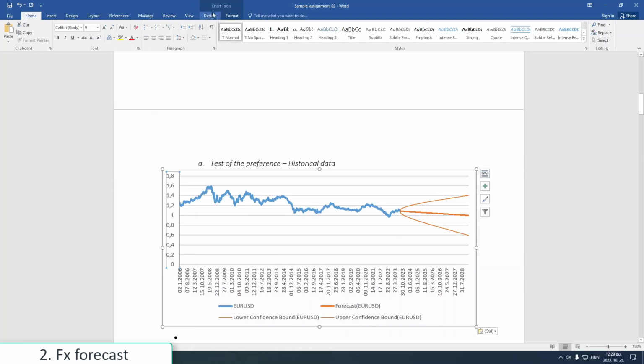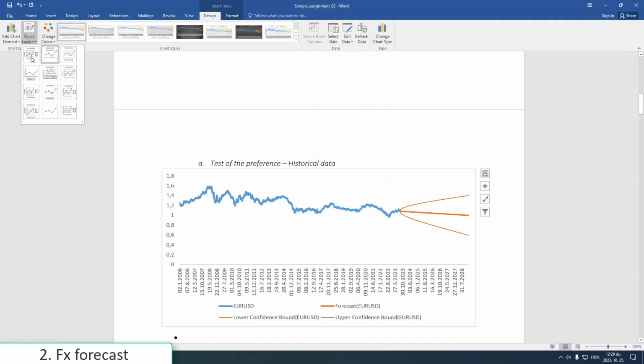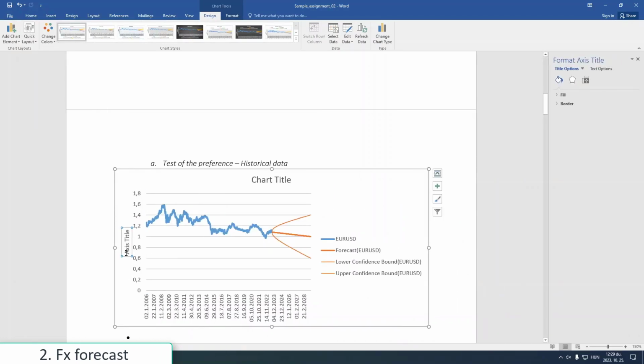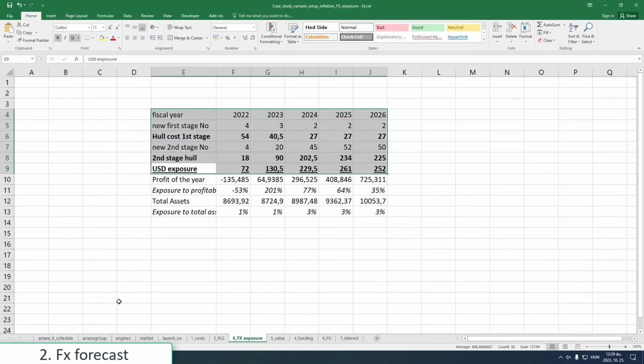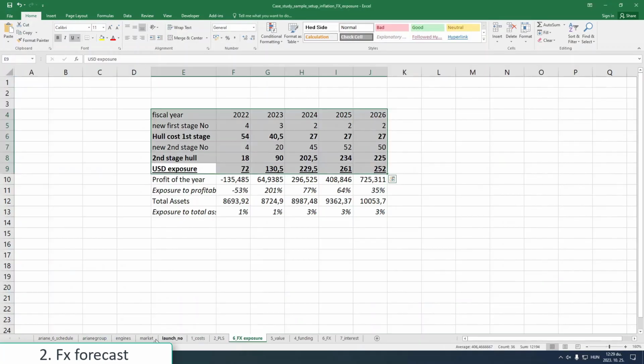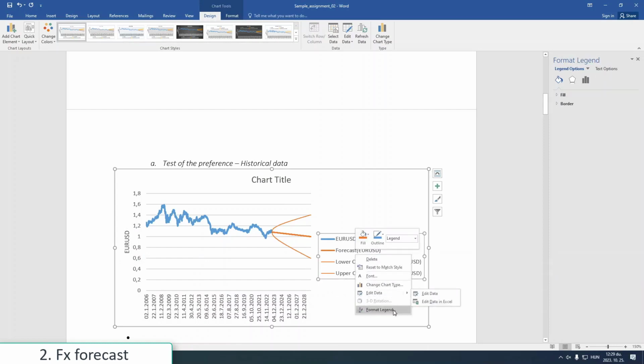Still, let's be precise and also add the name. Is this euro US dollar or US dollar euro? Euro US dollar, okay. Yeah, it's also written here. And this goes down.